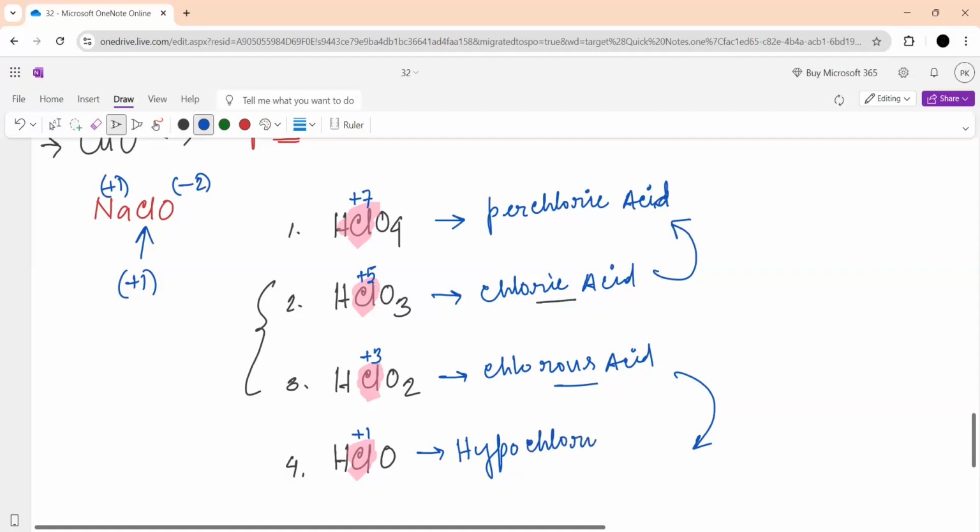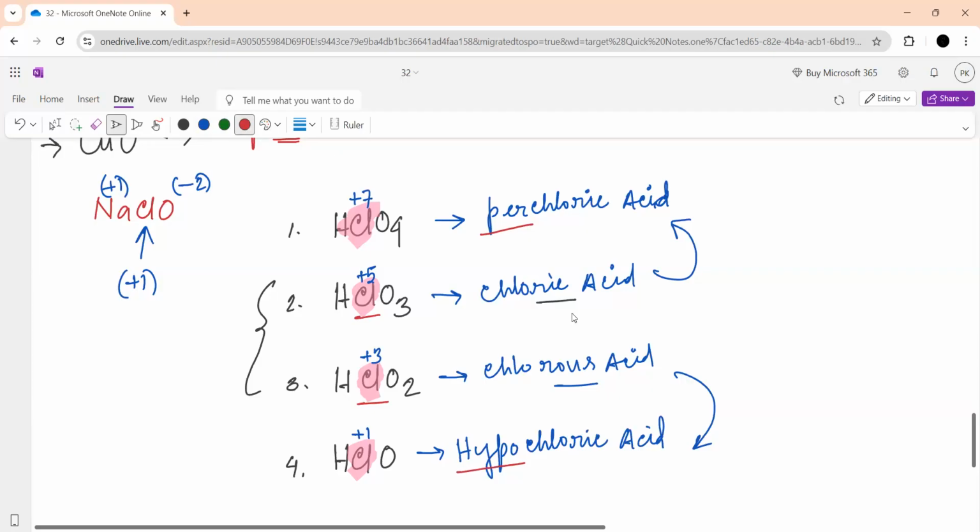So the plus 5 state and plus 3 state, we have chloric acid and chlorous acid. One step higher than chloric acid, we call perchloric acid. And one step lower than chlorous acid, we call hypochlorous acid.